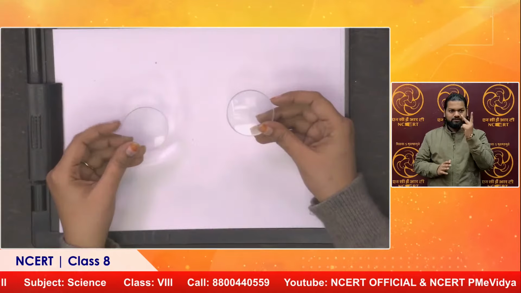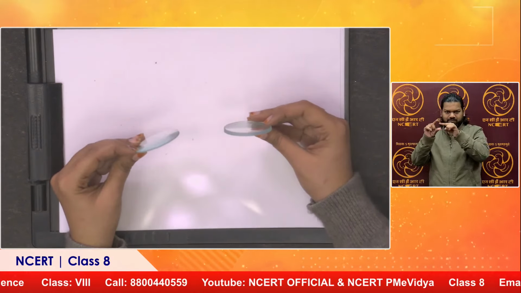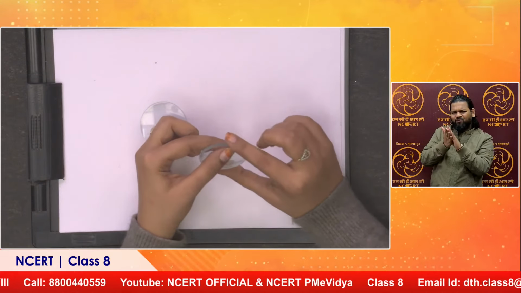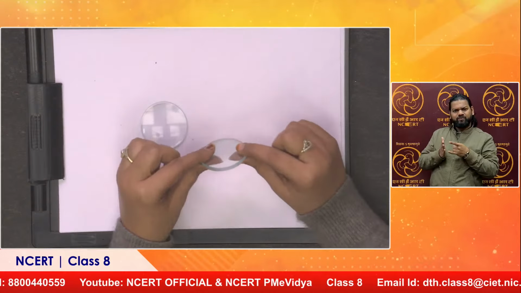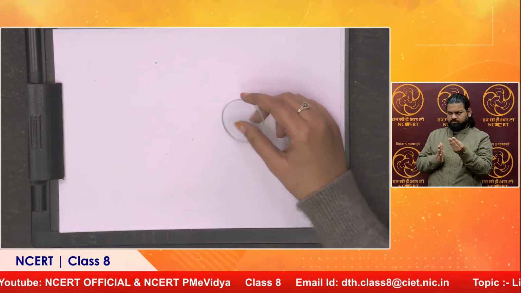As per the definition, you can see through and through out of these. By touching the surface you can identify which lens you are holding. If you just touch it and tell me, this one is convex, and the other one is concave. So very quickly you have identified which one is convex and which one is concave.